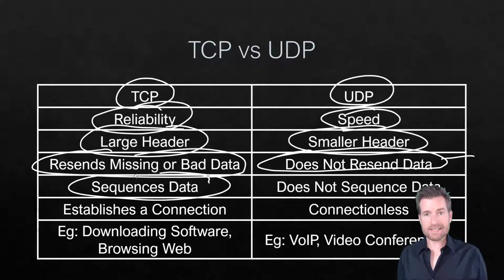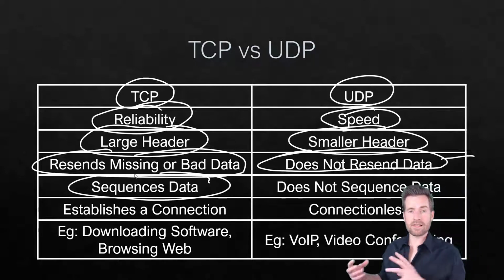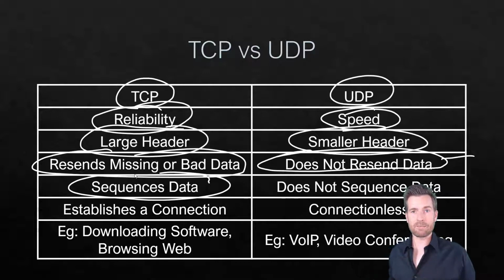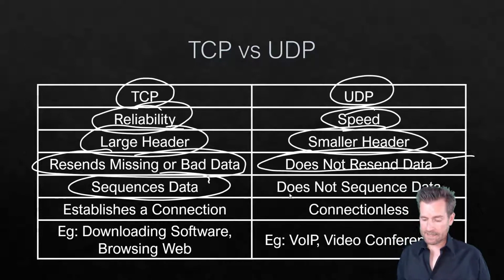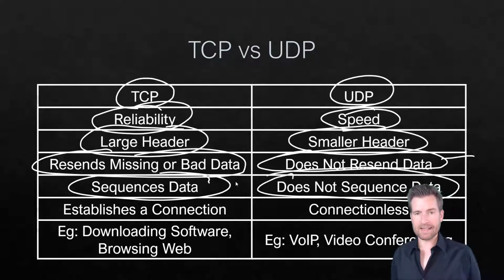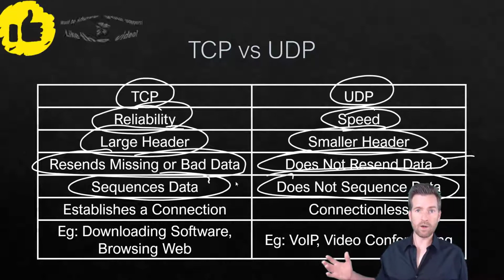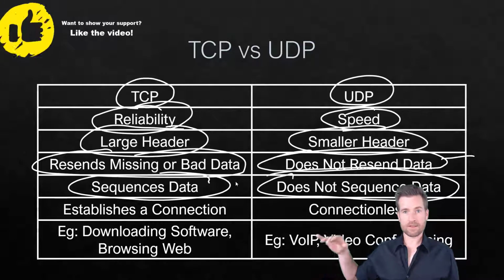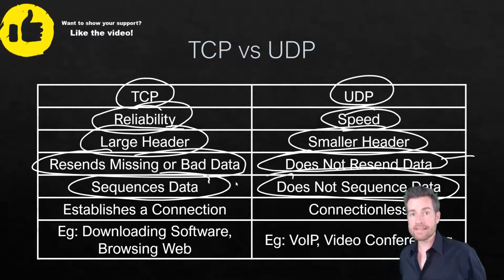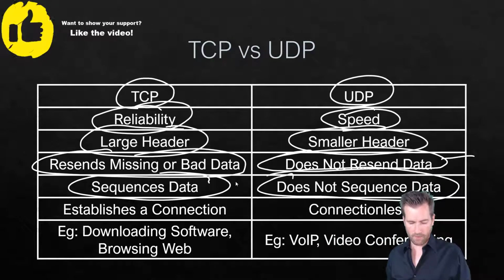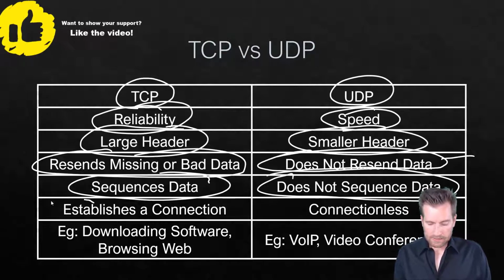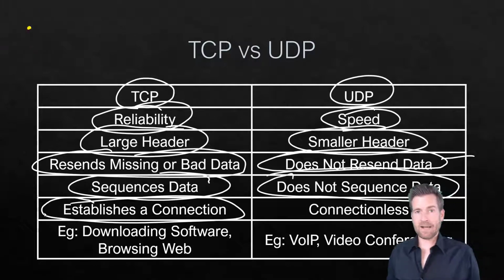TCP sequences the data so that when it gets to the other side, it can be reassembled in the proper order. UDP does not do that. So once again, it's either data where it doesn't matter what order it's in, or on the other side there's some sort of upper layer protocol that senses that and can correct for that. Then we also have TCP will establish a connection.